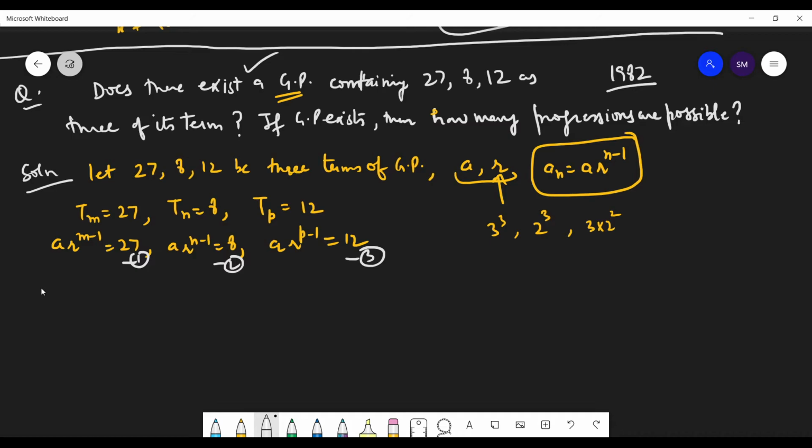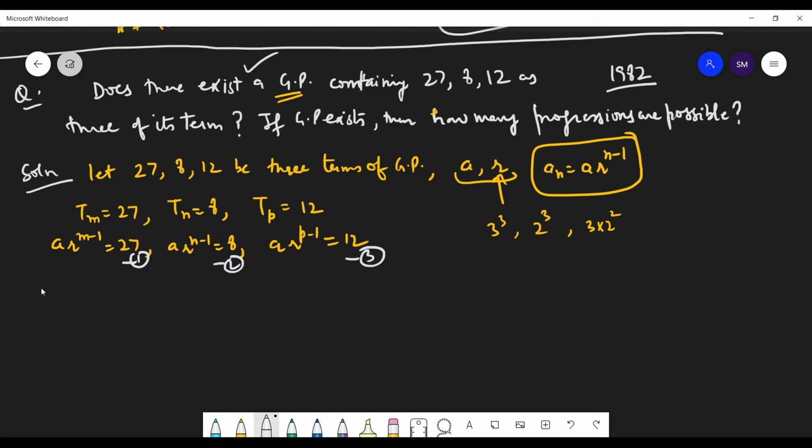Similarly, we can divide 2 by 3. Sir, may you please explain it again? Beta, these are the 3 terms in GP. So I have written, let it be mth term, let it be nth term, and let it be pth term. These are not consecutive terms.